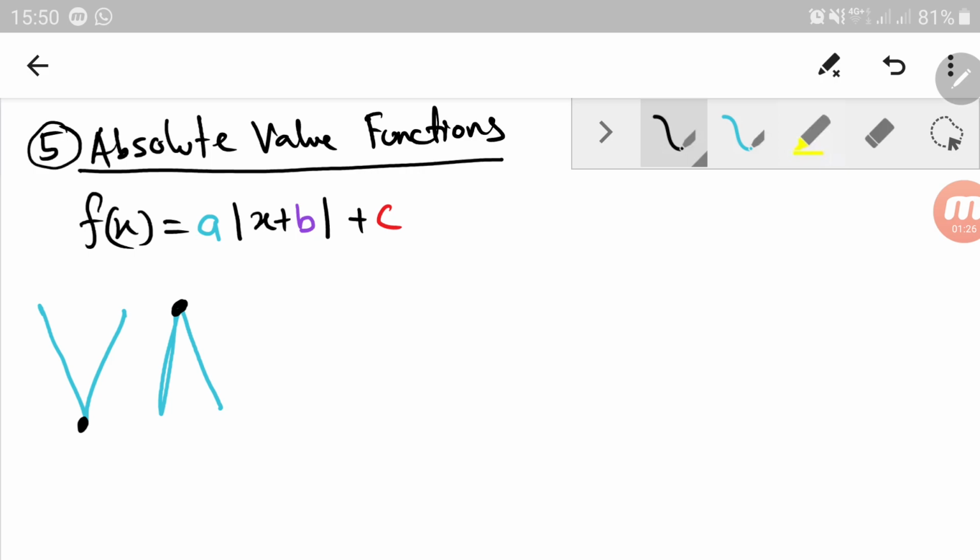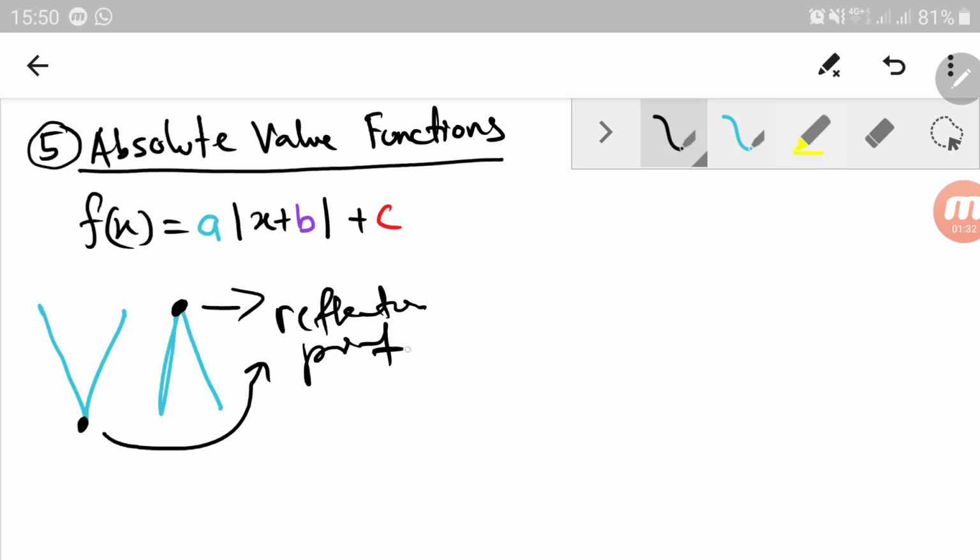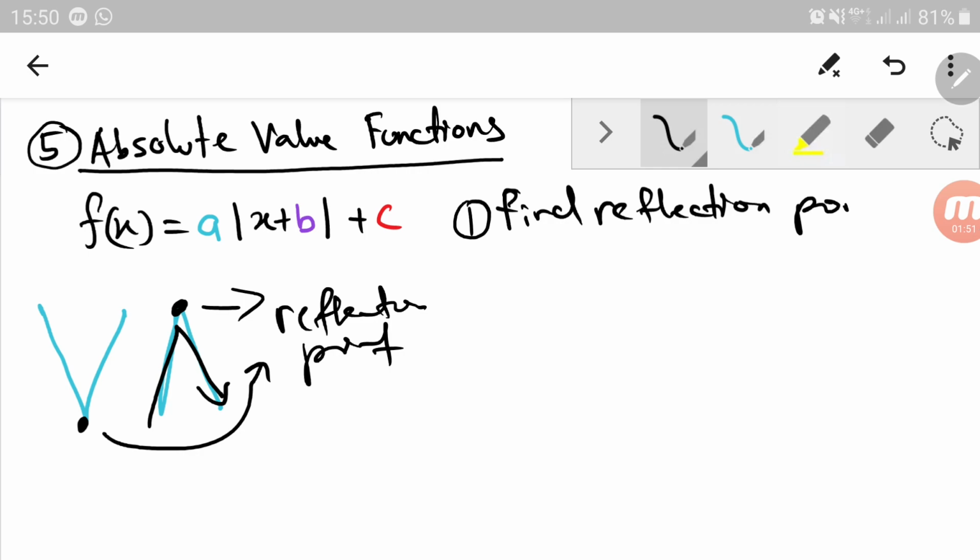It doesn't matter, but we are looking for this point first. We call it reflection point because that's the point where the ball reflects, right? So first thing first, we need to find the reflection point.